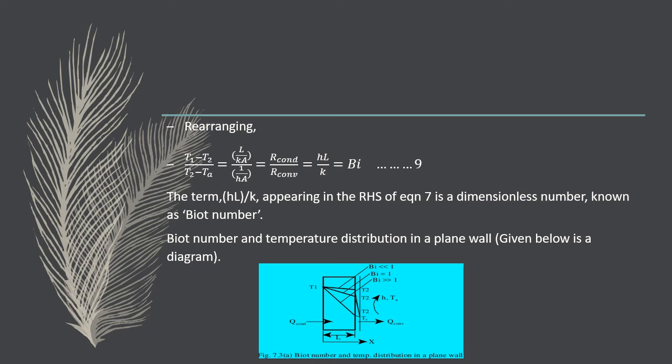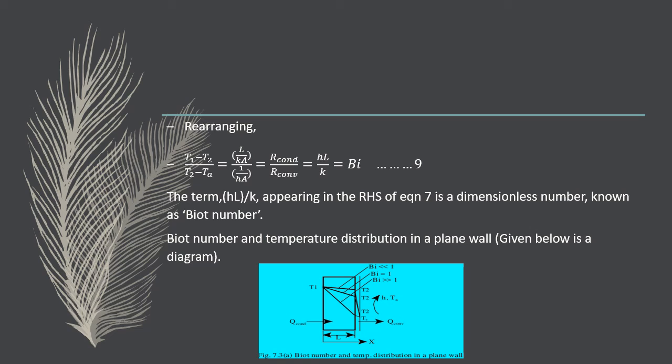The term hL by k appearing in the right hand side of equation 7 is a dimensionless number known as the Biot number. Biot number and temperature distribution in the plane wall is given below as a diagram. Here is the diagram of a wall having thickness L. Temperature changes from T1 to T2 and finally Ta. The heat conduction changes into heat convection.